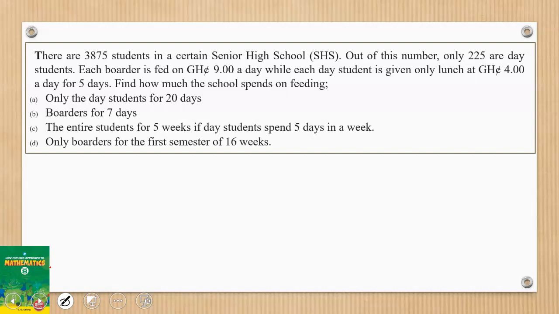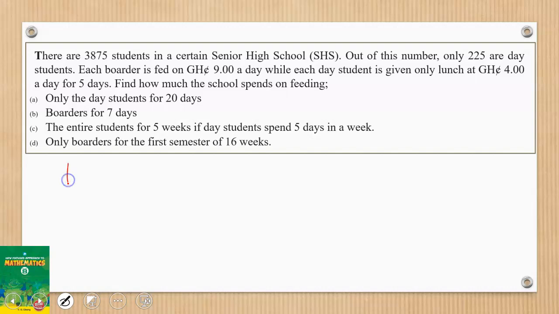Find how much the school spent on only the day student for 20 days, and that of the boarders for 7 days, the entire student for 5 weeks, if day students spend 5 days in a week. Only boarders for the first semester of 16 weeks.